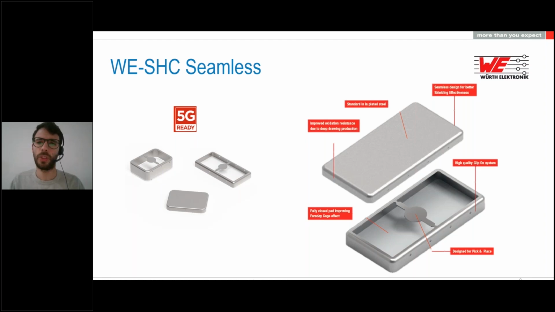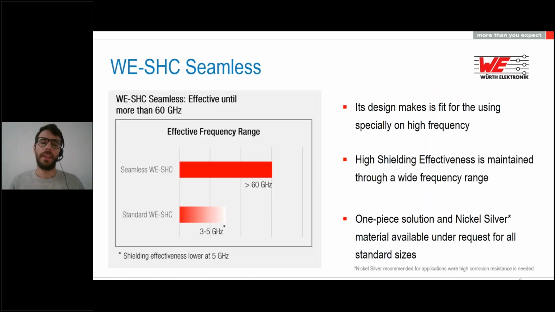So as I said, this design makes it fit, especially for high frequency, because the shielding effectiveness is increased in the whole frequency range. But as we are reducing the number of holes and apertures in the cabinet, we're increasing a lot the Faraday cage effect, so we can go higher in frequency with the same shielding effectiveness.